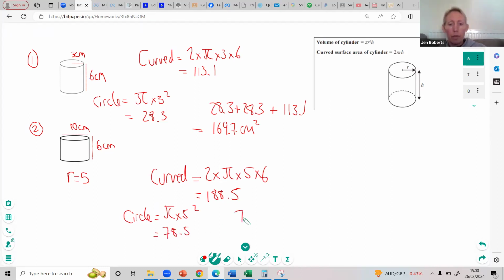Got a circle, plus your circle, plus your curved bit, gives you total surface area of 275.5 centimetres squared. Well done if you got those questions right, because they are at the higher level.